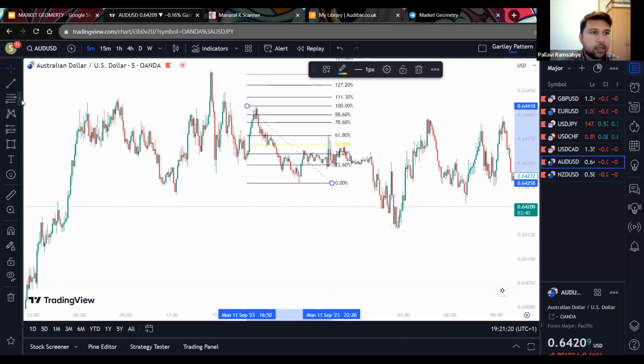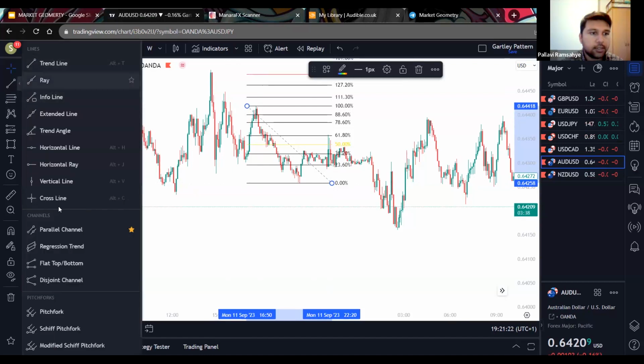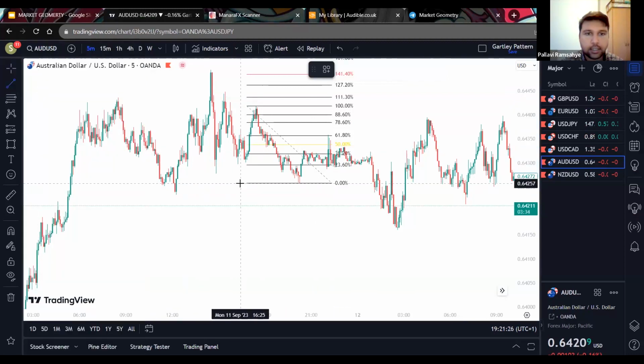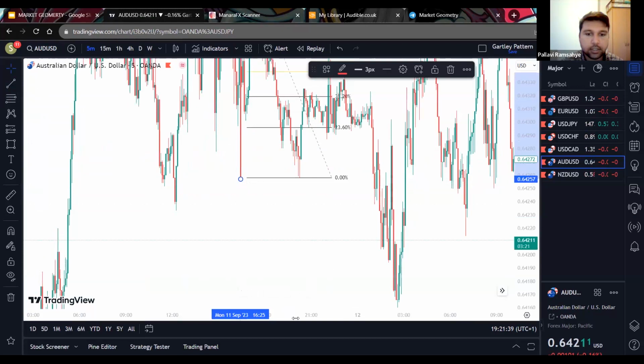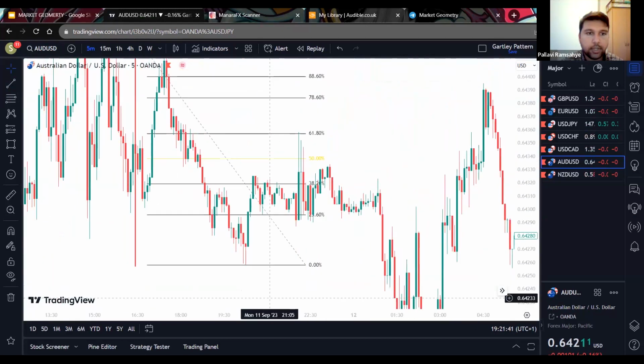Right, so let us do this. Let's pretend that this line equates to 100%. I'm going to change the color so everybody can see it a lot better, and zoom in.